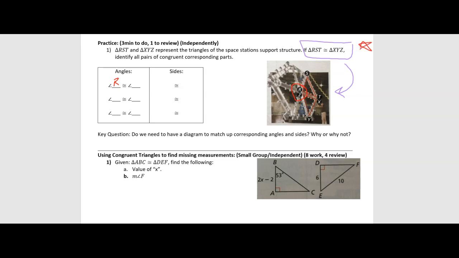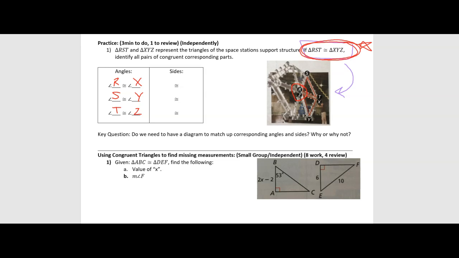And if R is in the first position, then that means it is corresponding and congruent with X. S is in the second position, so that means it's corresponding and congruent with Y. And T is in the third position, which means it's corresponding and congruent with Z. So this is what's important to look at, the congruency statement.